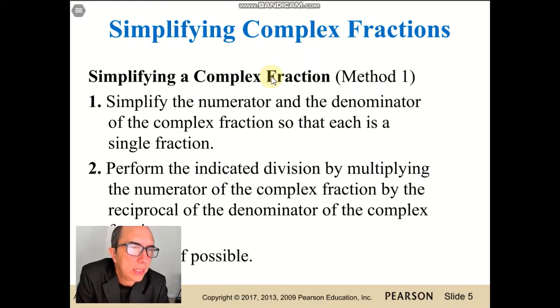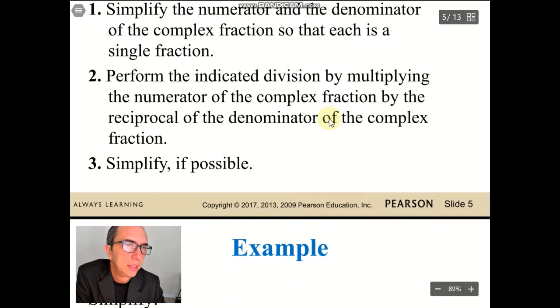Method number one is to simplify the numerator and the denominator of the complex fraction so that each is a single fraction. The next step is to perform the indicated division by multiplying the numerator of the complex fraction by the reciprocal of the denominator and simplify if possible.